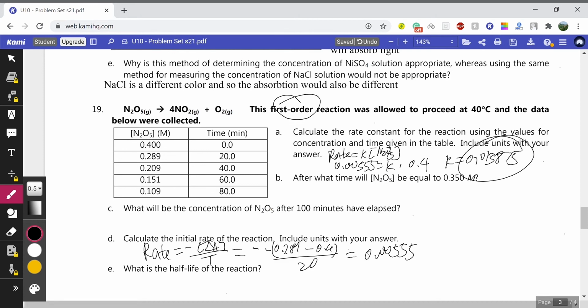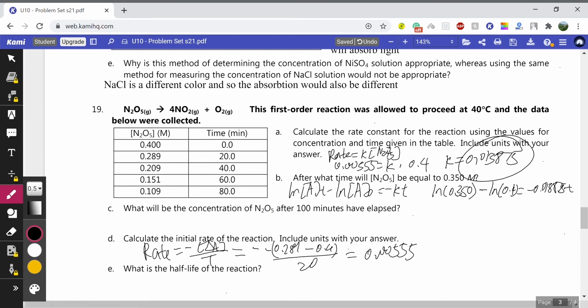Now after what time will the concentration be 0.350? This told us it was first order. So ln of concentration of A at a certain time minus ln concentration of A initial is equal to negative K times T. So ln 0.350 minus ln of initial, which is 0.4, equals negative 0.013875, K we found over here, times our time.